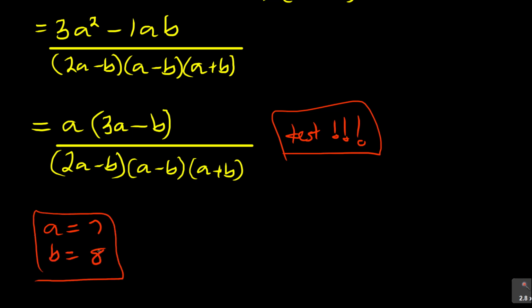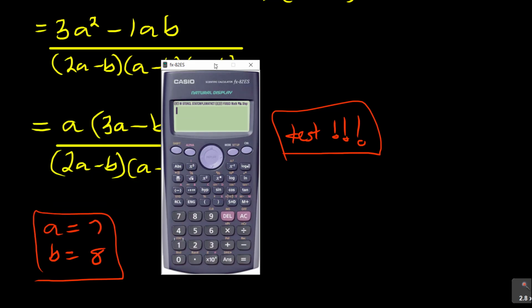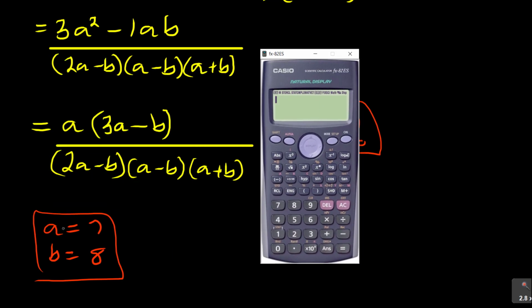Where there is a, we put 7. Where there is b, you put 8. You choose any two numbers, then you start by the first one and see what it gives us. So let's do that. Remember, a is 7, b is 8. So I've got a fraction, and then I've got a is 7 bracket.